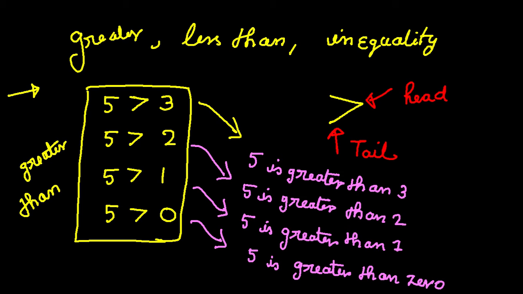So 5 is greater than 3, 5 is greater than 2, 5 is greater than 1, 5 is greater than 0. So what about this 3?